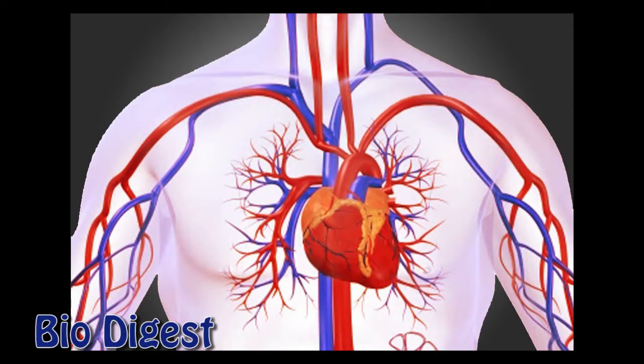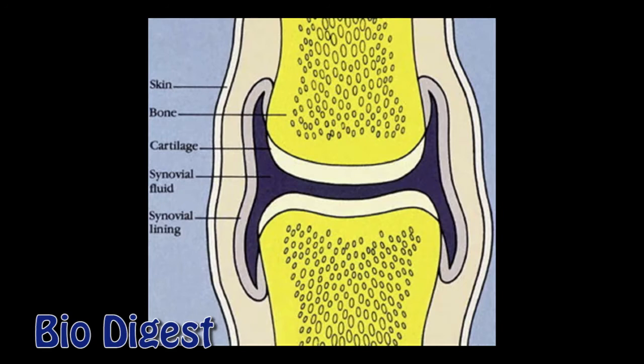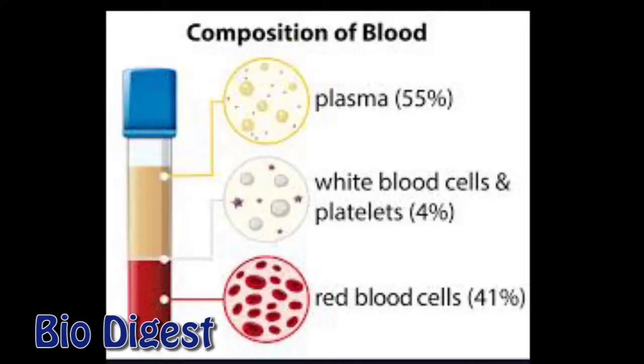Let us recall the circulatory system. Fluids in our body. There are three principal fluids in our body: blood, tissue fluid and lymph. Non-circulating fluids are also present in our body, like the synovial fluid and vitreous humor. The composition of the blood.